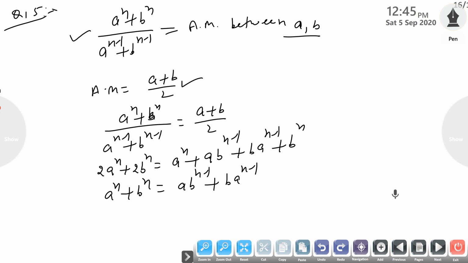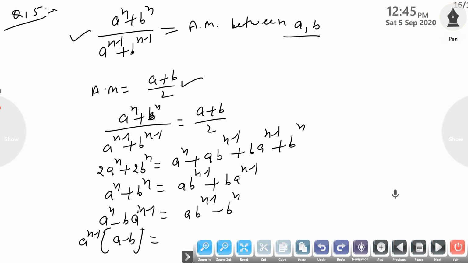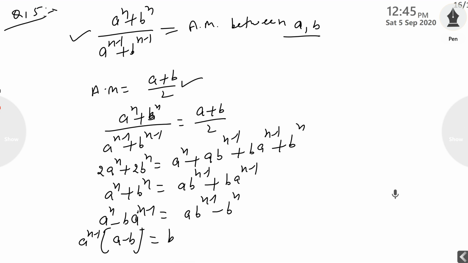Now separate these, we get a^n minus b into a^(n-1) equal to a into b^(n-1) minus b^n. Taking a^(n-1) common on the left side, we get a minus b, and on the right side we take b^(n-1) common, then we get a minus b.